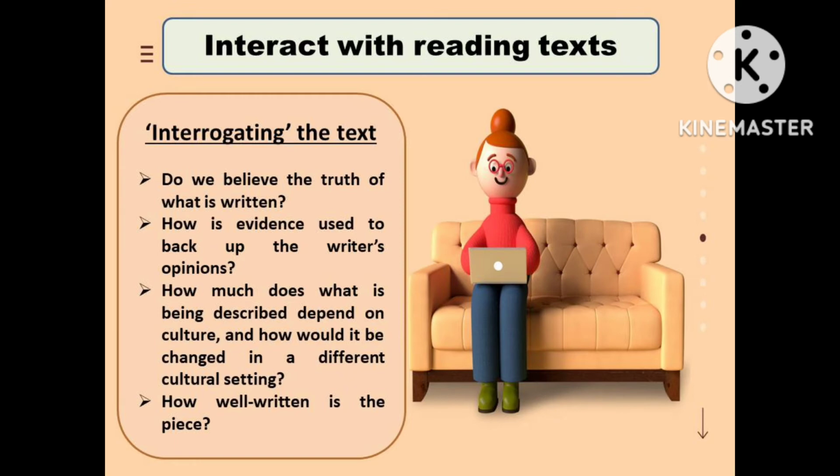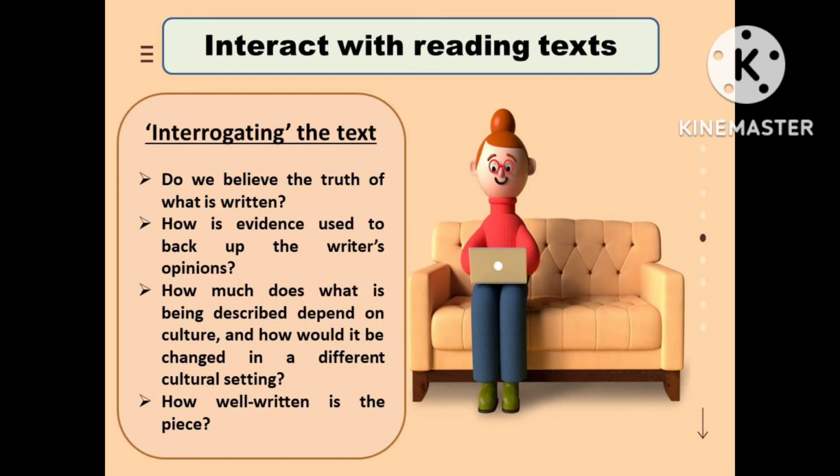Texts which express opinions or which contain continuous information, and many types of fiction, can be used to promote critical thinking. So, do we believe the truth of what is written? How is evidence used to back up the writer's opinions? How much does what is being described depend on culture? And how would it be changed in different cultural settings?